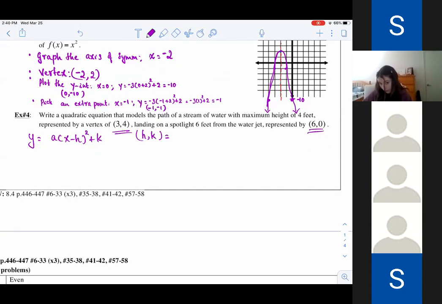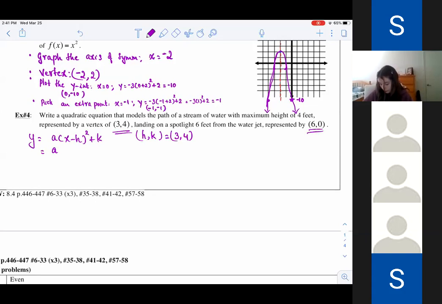Is the vertex of the parabola they are looking for given to you? Yes. Which is (3, 4). Okay, let's just substitute that into the problem. We have no clue about a, which is fine.